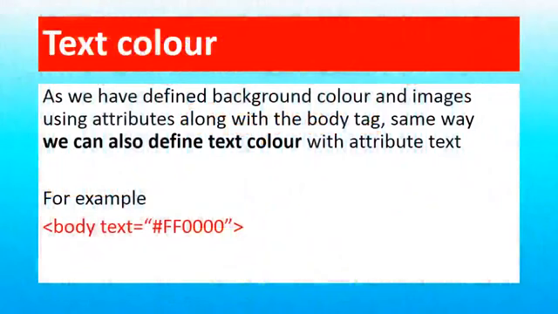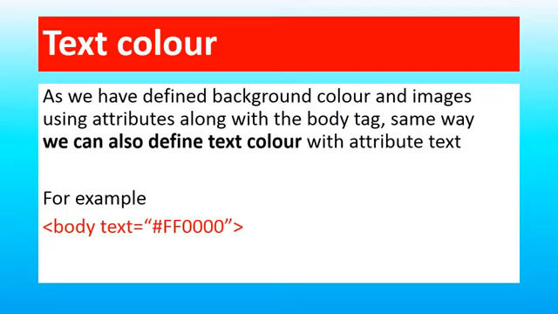In the last video, we studied how to change the background color of any web page. In the same way, if we want to define the text color of any website, it can be defined in the same manner.